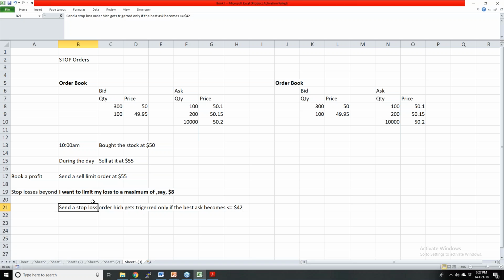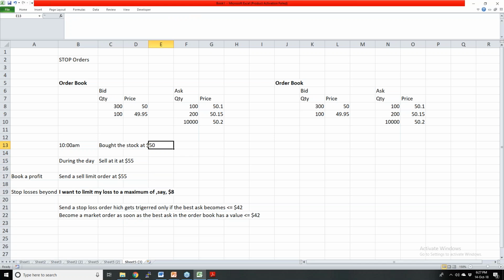So I will send a stop loss order, and the property of that order will be that it will become a market order as soon as the best ask in the order book has a value less than or equal to $42.